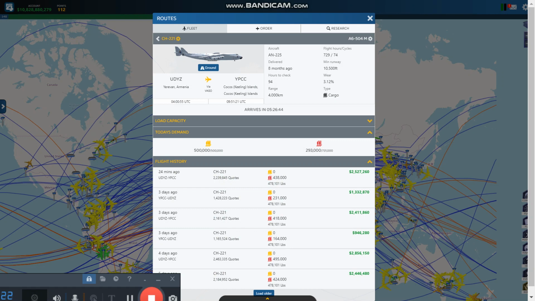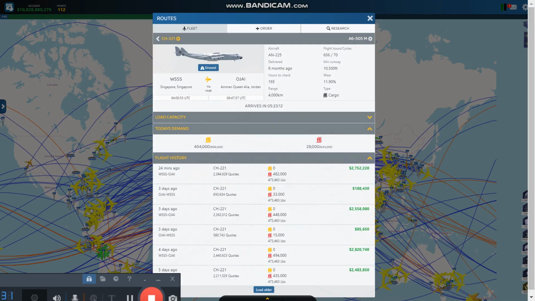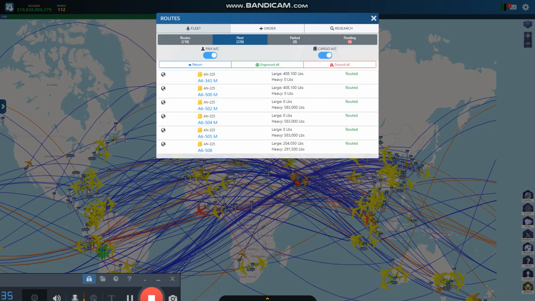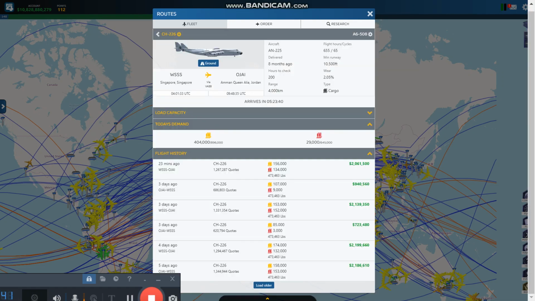And with this one, 2.9 million. And with this case, 2.8 million. Now keep in mind, they are flying on different routes. And with this one, it was really low, 2.2 million.